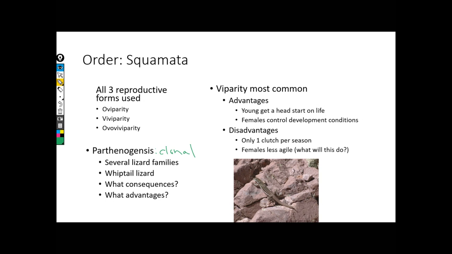Whereas if we had just laid a clutch or a pile of eggs somewhere, theoretically, if they all died, or if I was very healthy, we could just pull it away two weeks later and lay a second batch of eggs somewhere else. So eggs have more flexibility in that way that live birth does not. You're much more committed to the one batch. You better hope it's good.